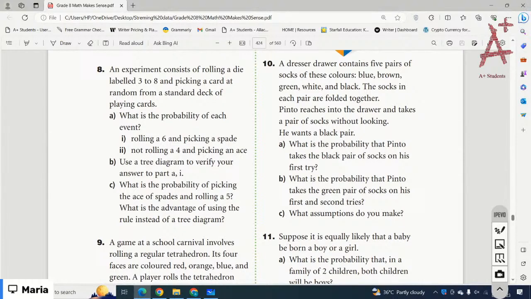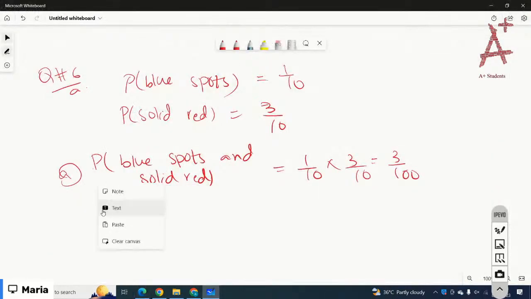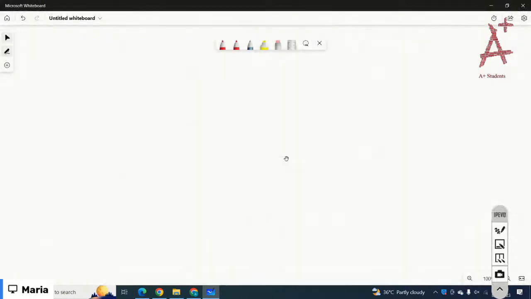So the die is labeled from 3 to 8. You have to calculate the probability of rolling a 6 and picking a spade. Probability of 6 is, 3 to 8, 1 over 6, right?